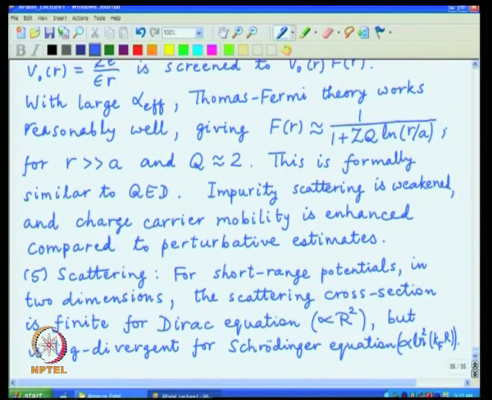The result is that even if you put short range barriers or impurities inside this material, the suppression of conductivity is much less than what one should have expected in case of the Schrodinger equation, or in other words the resistance, which is proportional to the cross section, is much smaller for the Dirac equation than it is for the Schrodinger equation, and one has a material with better transport properties.